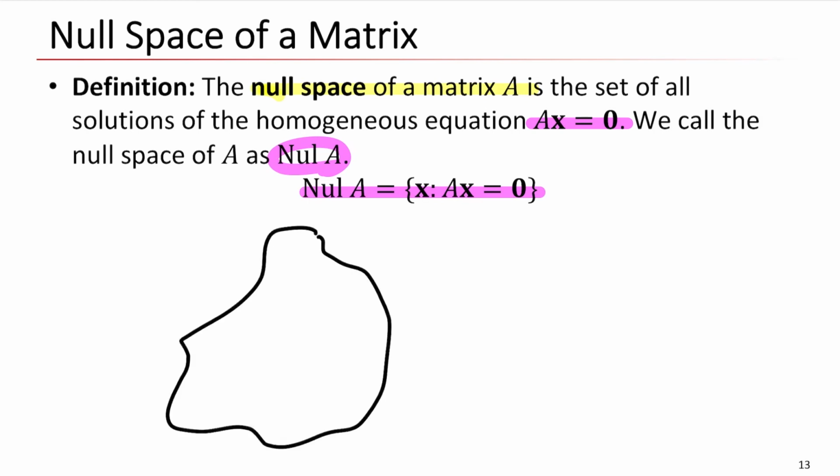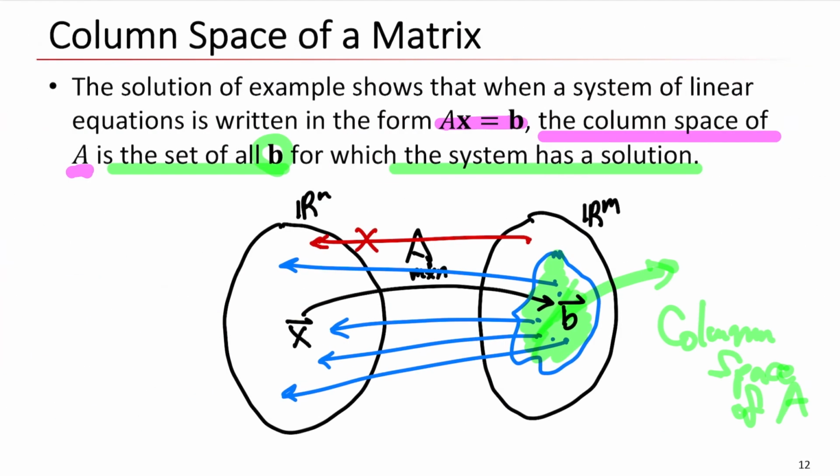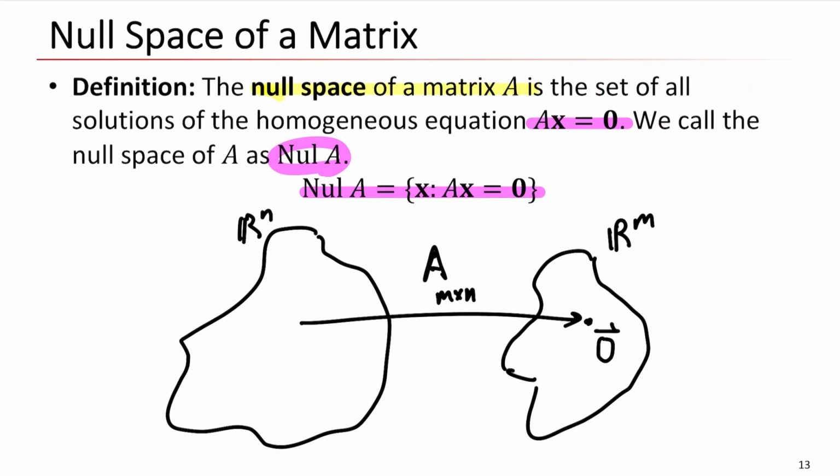Okay, so there is the R^n space and there is the R^m space, and there's a mapping function, matrix A. The size of matrix A is m by n, right? In this case, the output is the zero vector. Compared to the previous case, where we assumed an arbitrary vector b, here we only think about the zero vector as the output vector.